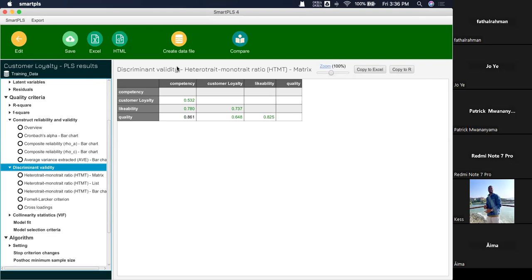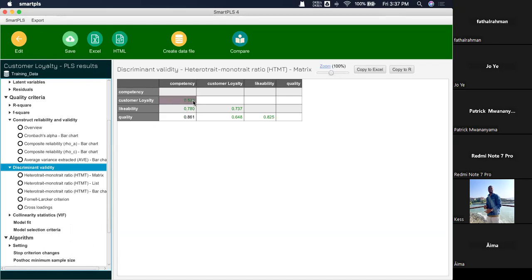And we said for constructs that are conceptually different, the value should be less than 0.85. But for constructs that are conceptually similar, the value should be less than 0.90.